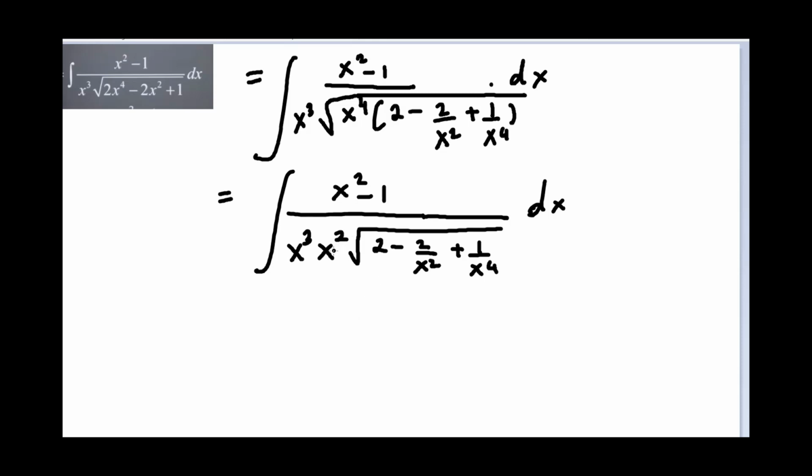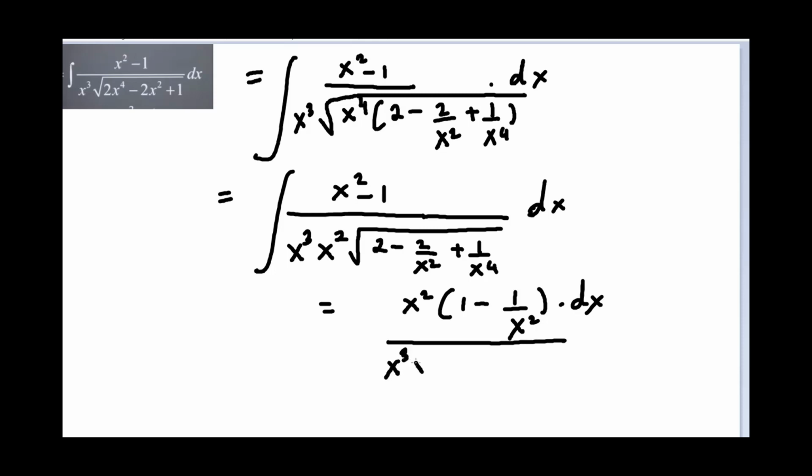Okay, so now what I wish to do is I would like to take this x squared out. Now if I were to do that, this is going to be x squared of (1 minus 1 over x squared), and this is divided by x to the power of 3 times x squared square root of 2 minus 2 over x squared plus 1 over x to the power of 4, with the integral sign.